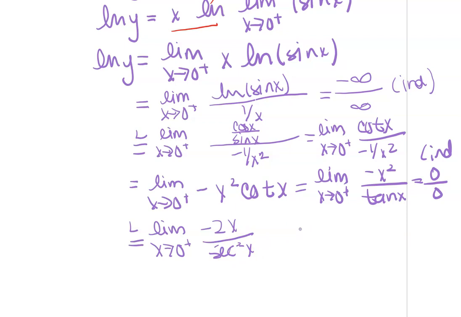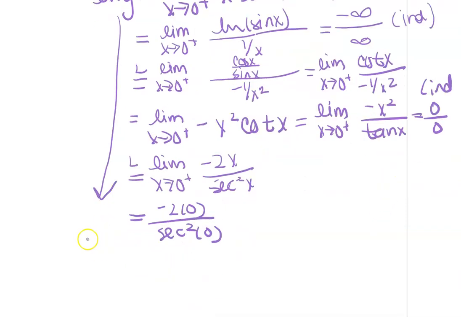And if I apply this and plug in my zeros, this gives me negative 2 times 0 over secant squared of 0. I'm going to bring down this ln y. So I get ln of y is equal to 0 over 1. And similar to the last problem, I'm going to e both sides.